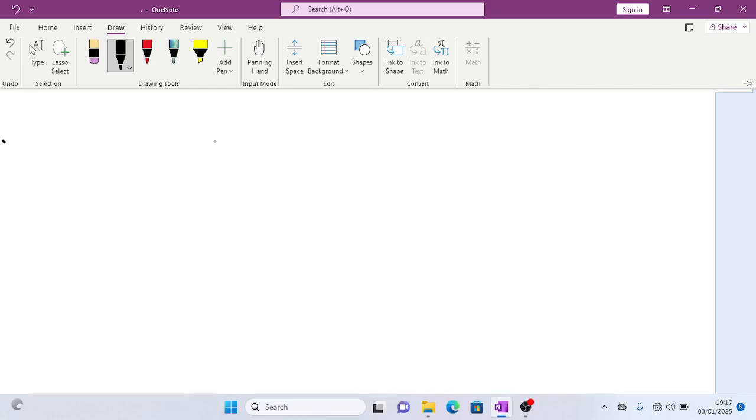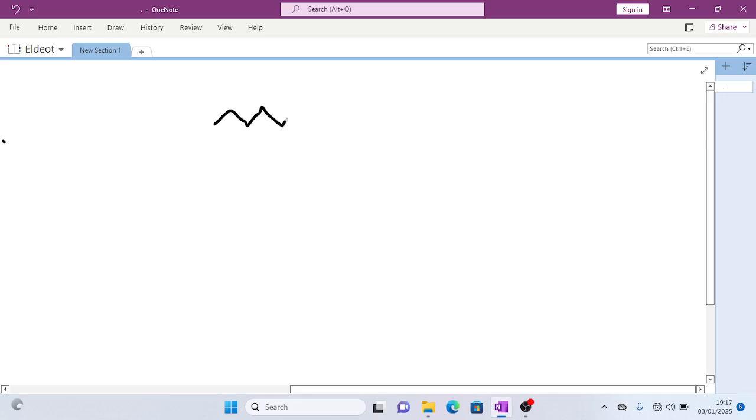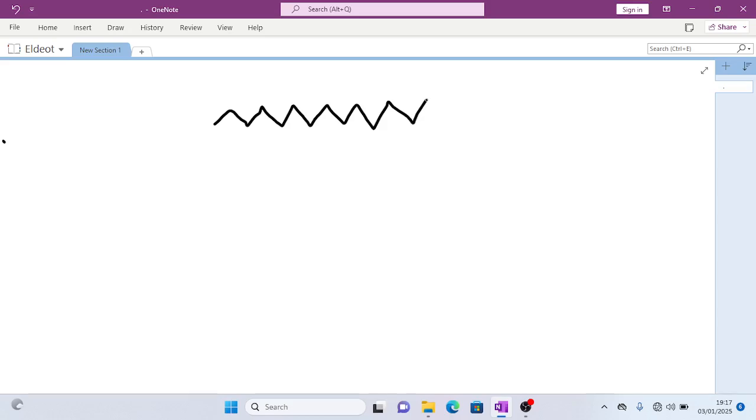Since it's octadeca, it's 18 carbon. So we count: 1, 2, 3, 4, 5, 6, 7, 8, 9, 10, 11, 12, 13, 14, 15, 16, 17, 18. So this is the basic structure of linoleic acid.